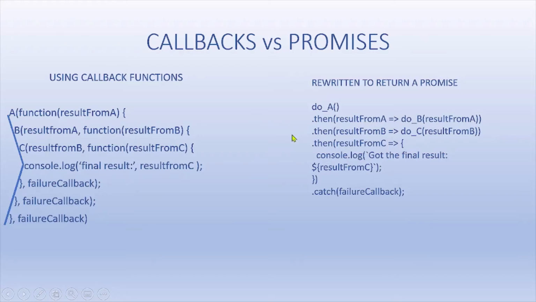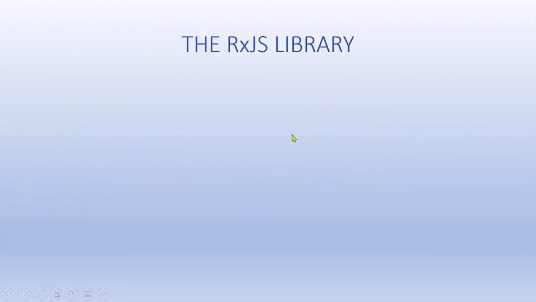Okay. Now let's move on to the RxJs library. What is the RxJs library? First of all, the full form of RxJs is Reactive Extensions for JavaScript. Now, the RxJs library is a library for reactive programming. Now, what is reactive programming?